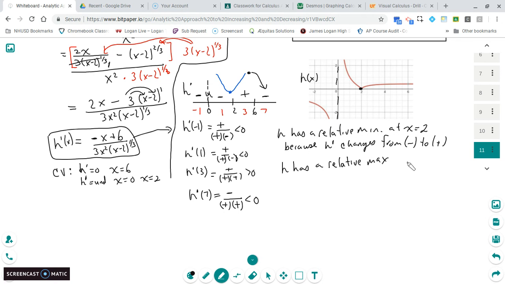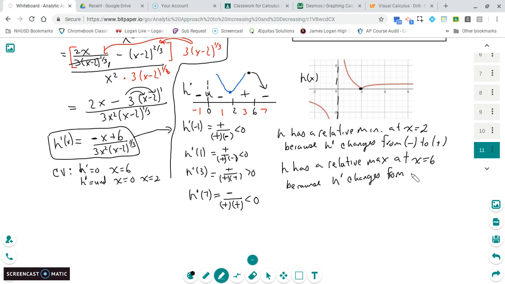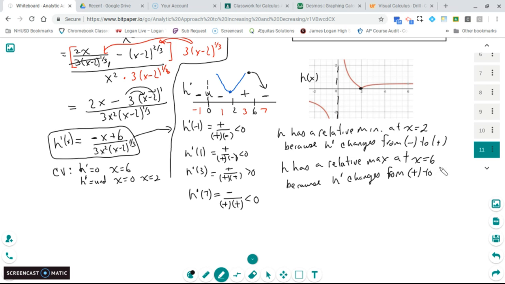At x equals 6. So at that critical value, at x equals 6, because h prime changes from positive to negative. So to be a relative max, it has to rise, then fall. Positive slopes, then negative slopes.